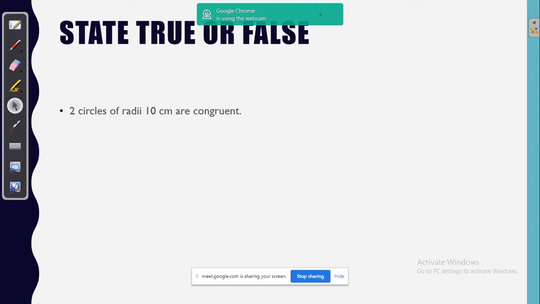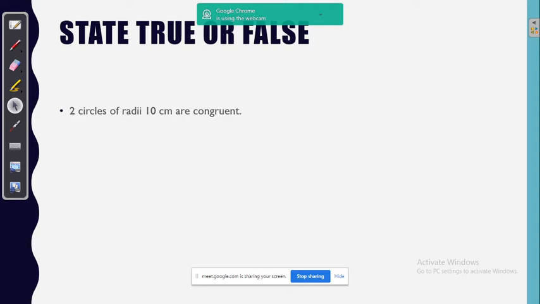Is that a true statement or a false statement? Geetika, I didn't see your answer. Ma'am, I have answered through chat box. Yeah, got it. Okay, Saraswati, your answer. So most of you have answered it to be true.